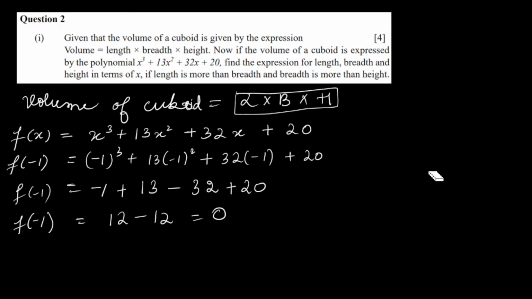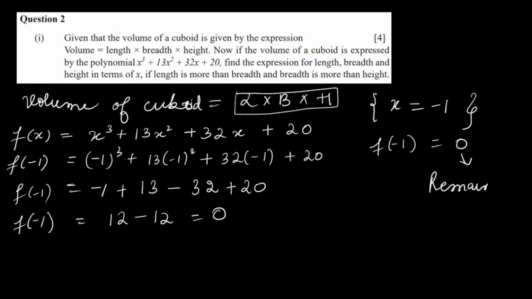So what is the factor then? We got the value of x, x equals minus 1. When we substituted x as minus 1, we got the answer 0, or I can say the remainder is 0.